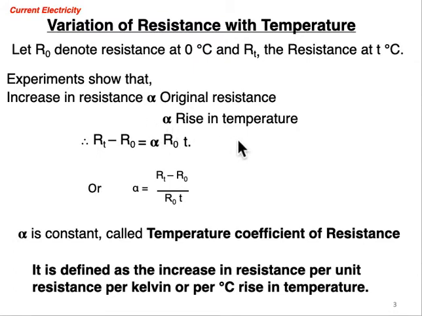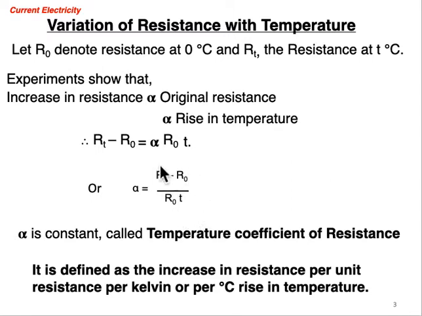The increase is also proportional to rise in temperature. So we get RT minus R0 equal to alpha R0 into T, where alpha is a constant called temperature coefficient of resistance and its value by transposition comes out to be RT minus R0 over R0 into T.